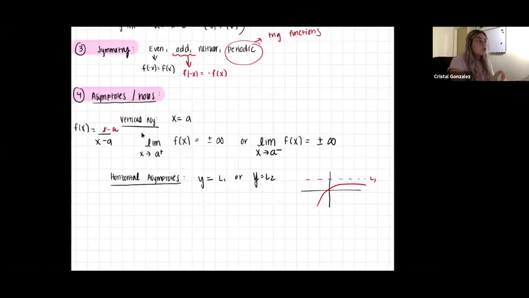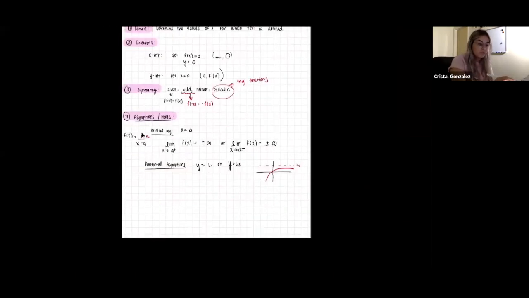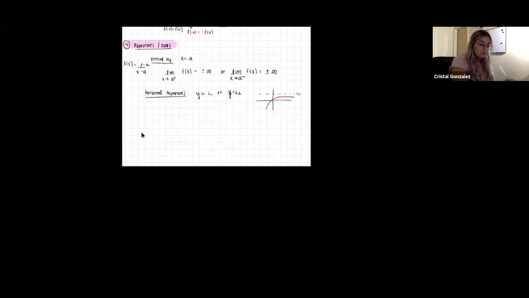And so the way that you do this is that you are going to take the limit as x approaches infinity of f of x. And if this approaches some line y equals L1, some value L1, then that's going to be a horizontal asymptote.